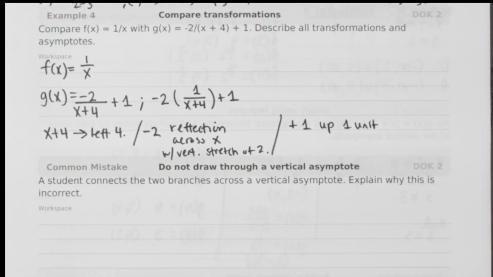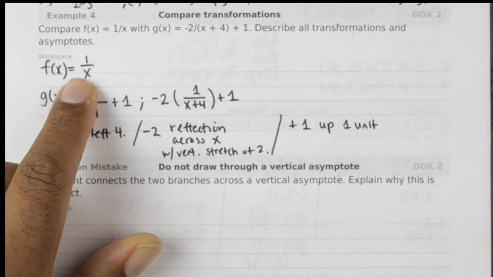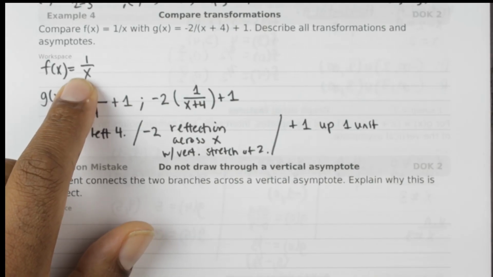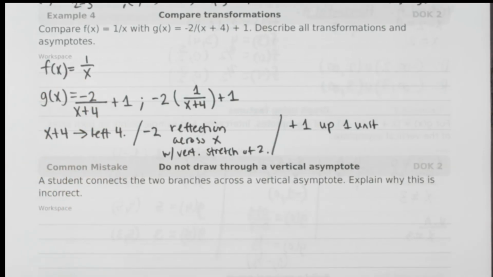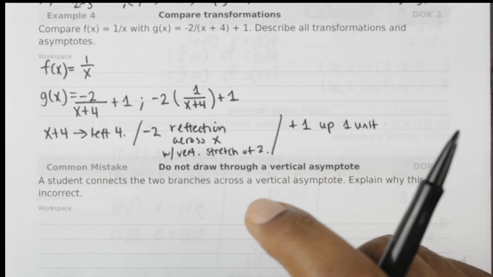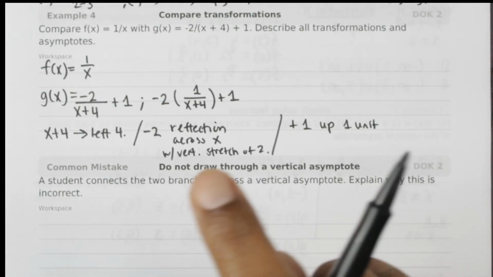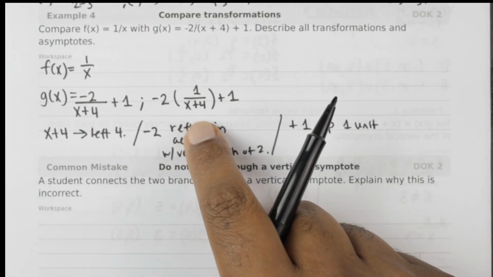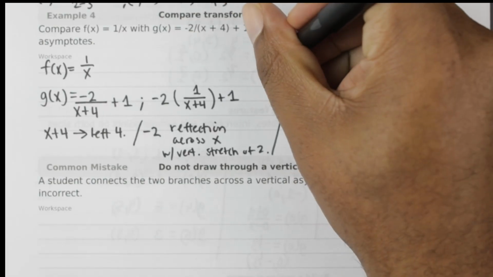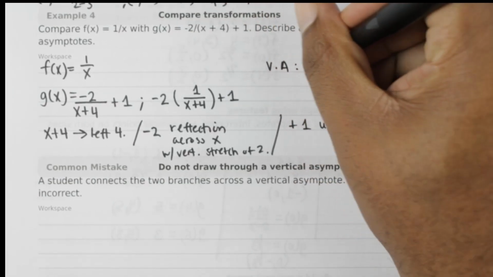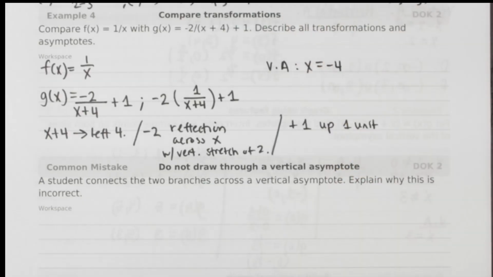Now, state the asymptotes. The parent vertical asymptote is x equals 0, and it shifts to the left 4 units, right? So the vertical asymptote for our problem is going to be x equals -4. The parent horizontal asymptote is y equals 0. It shifts up 1.